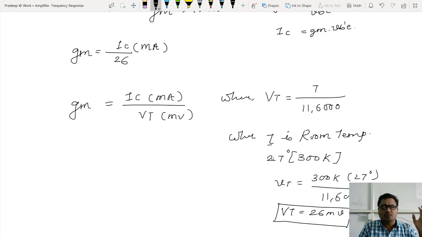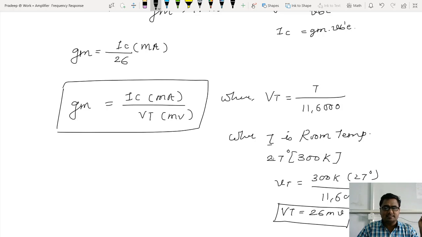I'm telling you so that there are no questions about where we are getting this VT from. So basically transconductance is IC divided by VT, that is 26.